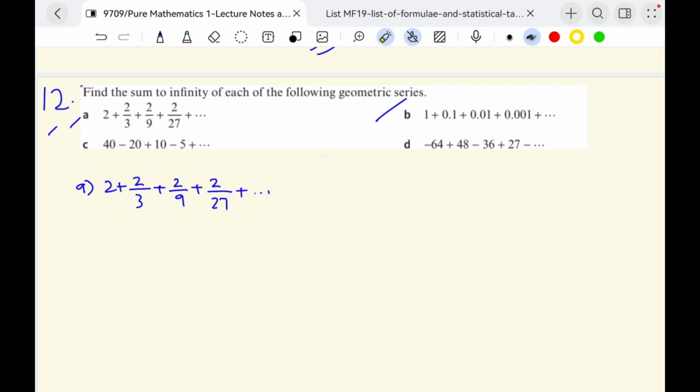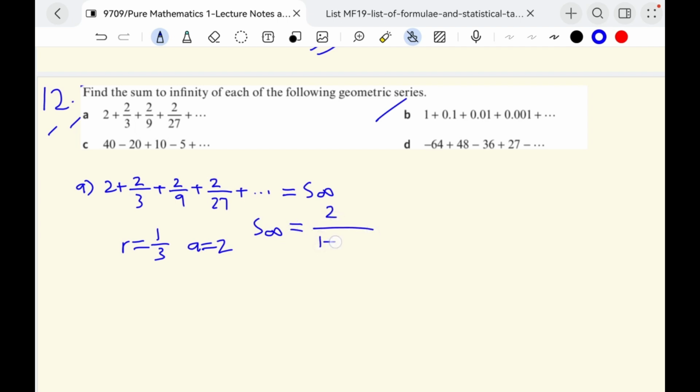As you can see, the first term is 2, and the following terms are 2/3, 2/9 and 2/27, with a common ratio of 1 over 3. The power of 3 in the denominator is increasing: 1, 2, 3, and so on. The first term is 2. Therefore, the sum to infinity is 2 over 1 minus 1 over 3.